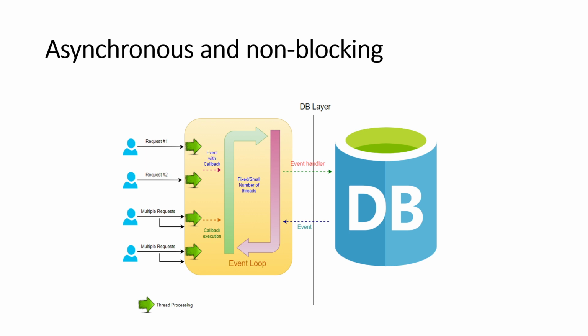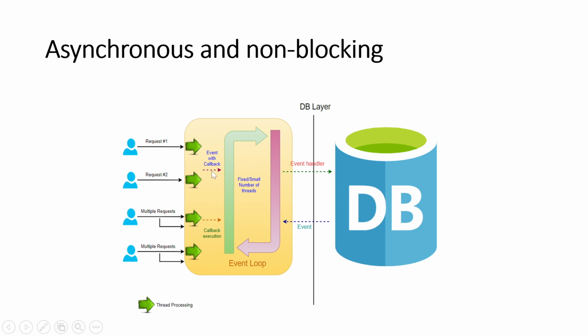One small thread is assigned to pull one record, and another small thread is assigned to take one more record. The threads process asynchronously with non-blocking. Once the event handler has processed the request, a callback is sent to the requester saying, hey, your data is completed, please pull it. That is how it works.